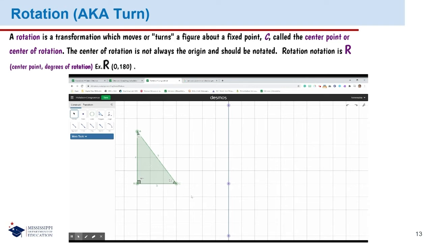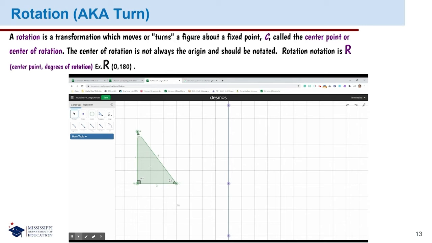It's labeled, and you can see line segment AC is 5 units, line segment BC is 3 units, line segment AB is 4 units, and on the inside it shows the area of the triangle, which is 6 units. Angle A measures 37 degrees, angle C measures 53 degrees, and angle B measures 90 degrees.